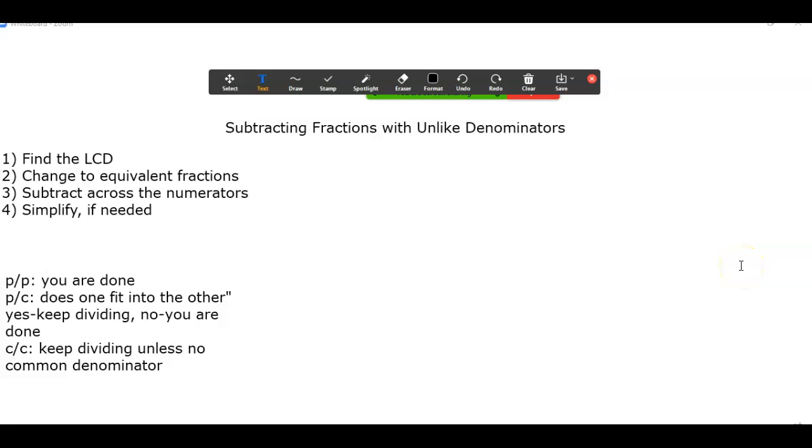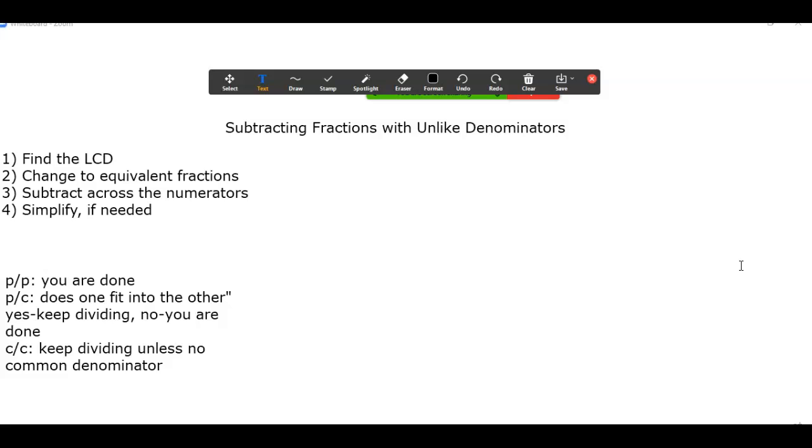So yesterday we were talking about adding fractions with unlike denominators, and today we are going to be subtracting fractions with unlike denominators. And if you see off to the side there on the left, you can see that the directions are almost exactly the same.